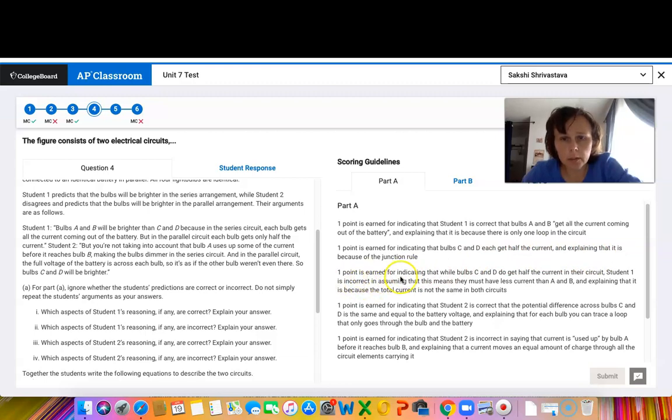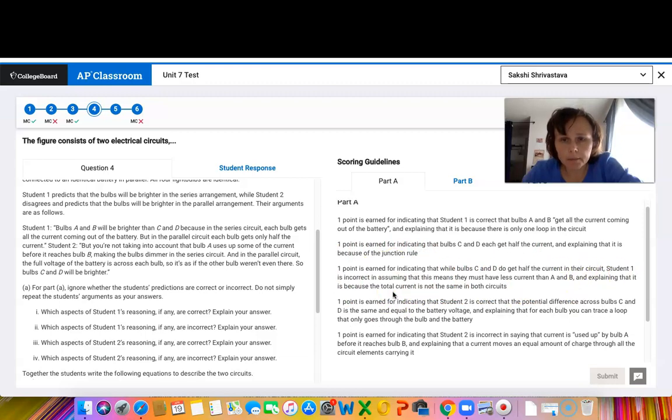And 1 point is earned for indicating that student 1 is incorrect in assuming that this means they must have less current than A and B. This is what a lot of students missed. The reason that it doesn't mean the current has to be less in C and D if they get half the current is that these are two different circuits.